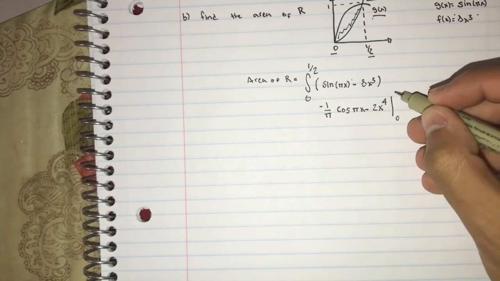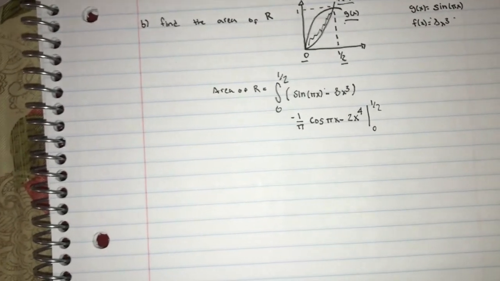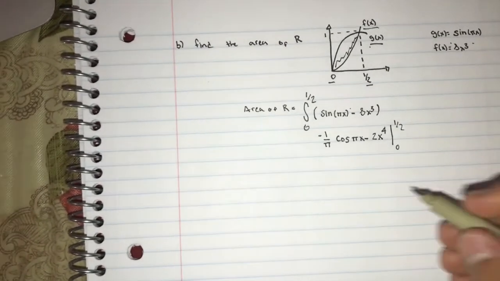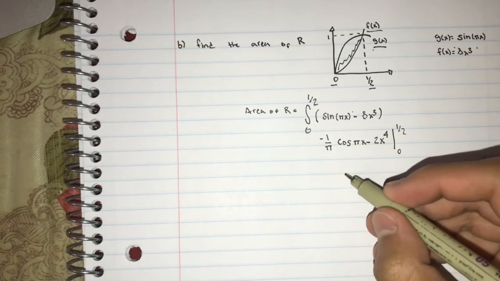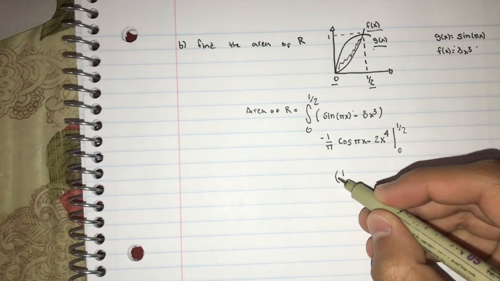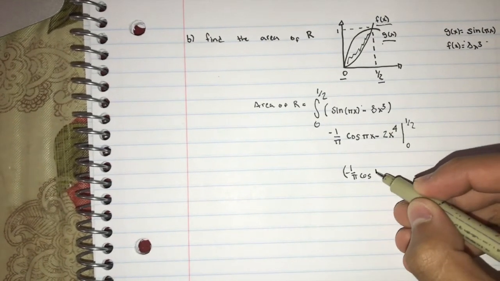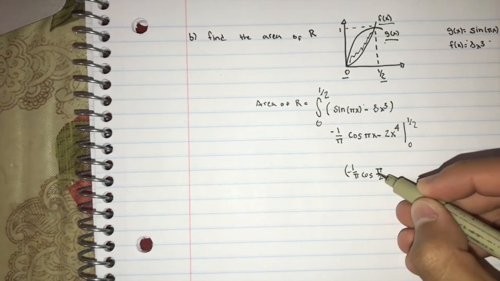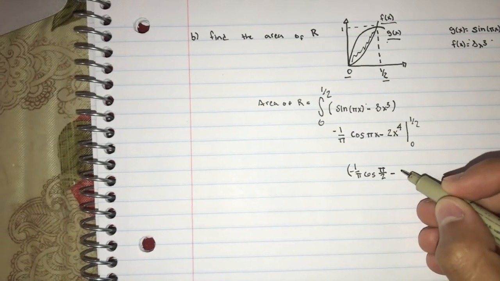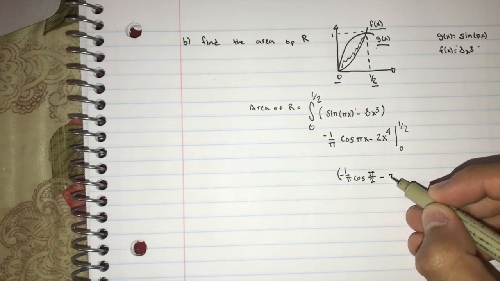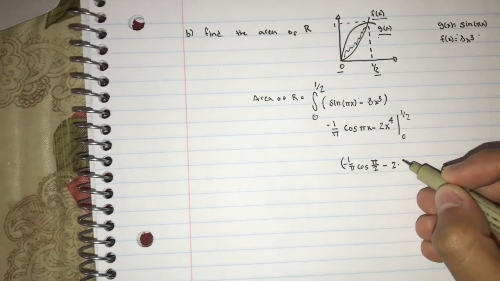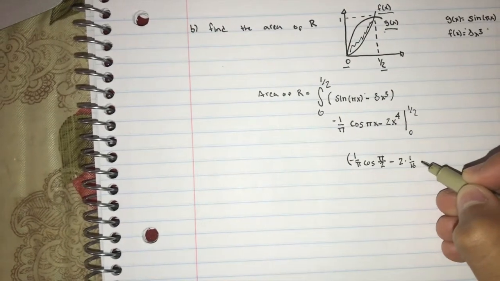Evaluating from 0 to 1/2, you will plug those numbers into the antiderivative. So we start with 1/2: negative 1 over pi cosine of pi over 2, minus 2 times 1 over 16.